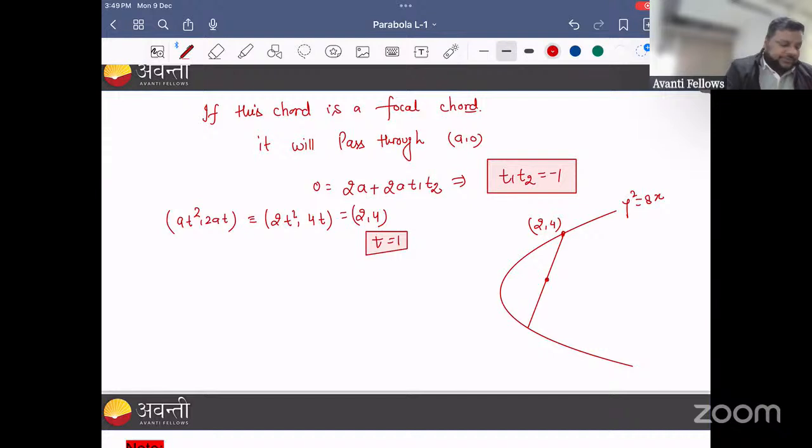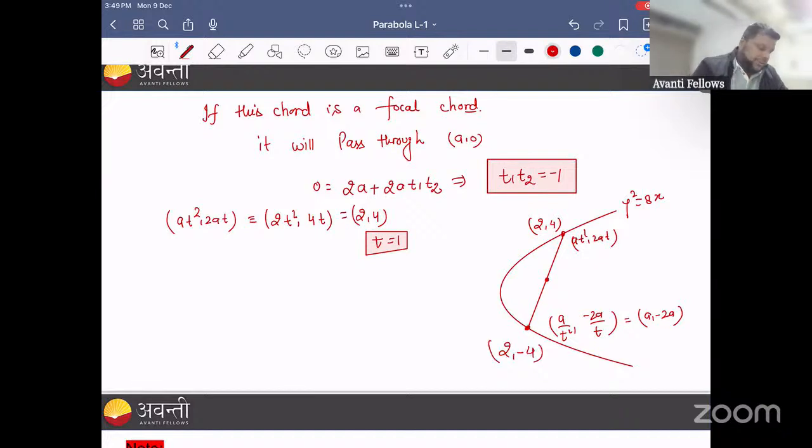So the parameter here is 1/t, so it will be (a by t square, minus 2a upon t). With t as 1, it will be (a, minus 2a). Now a in the question is 2, so this point is going to be (2, minus 4). So we got the other end by using the relation t1 t2 equals minus 1.